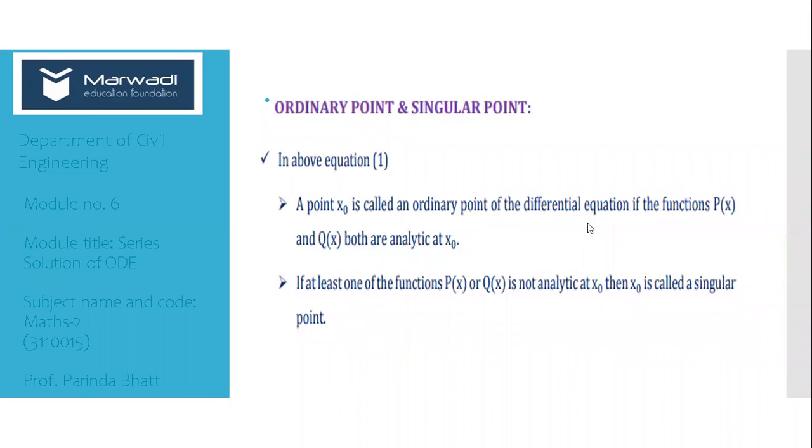In the previous equation, x0 is called an ordinary point of the differential equation if P of x and Q of x both are analytic at x0. That means here we are not getting any points where the values of P of x and Q of x become infinite. If at least one of the functions is not analytic at x0, then x0 is called a singular point.